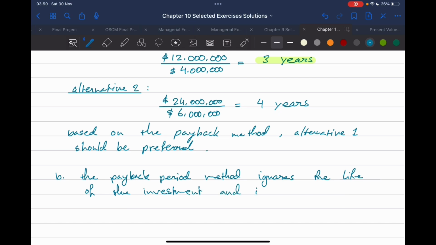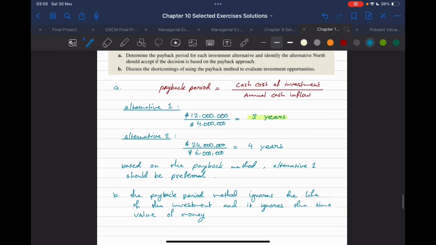And it ignores the time value of money. And these might be the most important drawbacks or disadvantages of using the payback period.